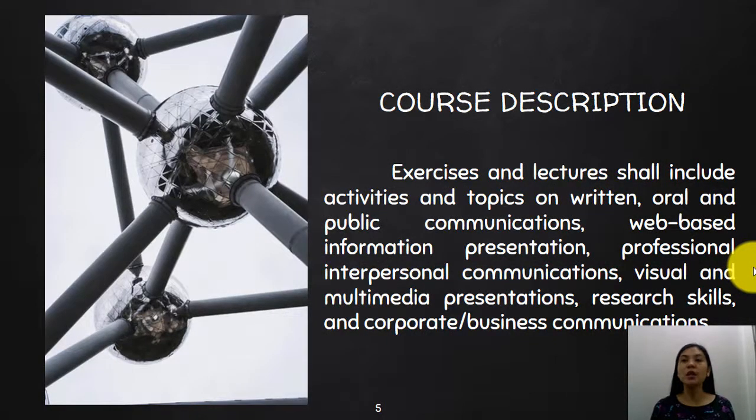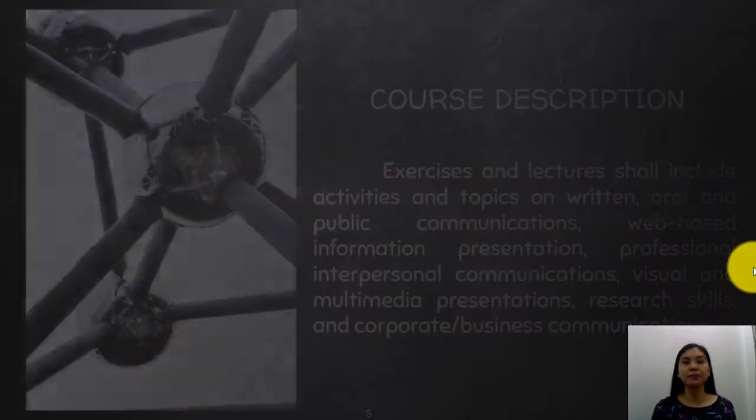Exercises and lectures shall include activities and topics on written, oral, and public communications, web-based information presentation, professional interpersonal communications, visual and multimedia presentations, research skills, and corporate or business communications.